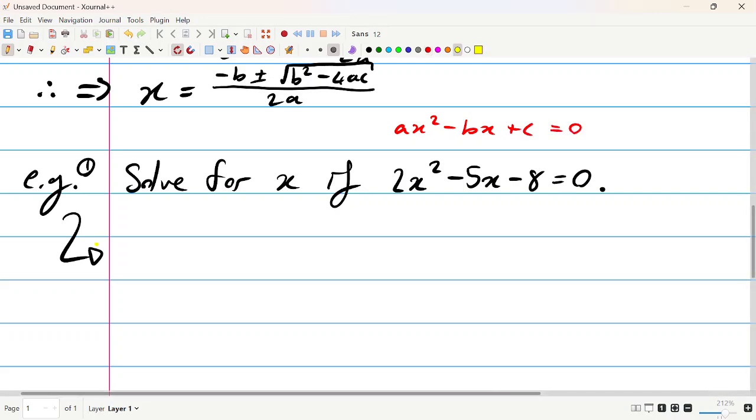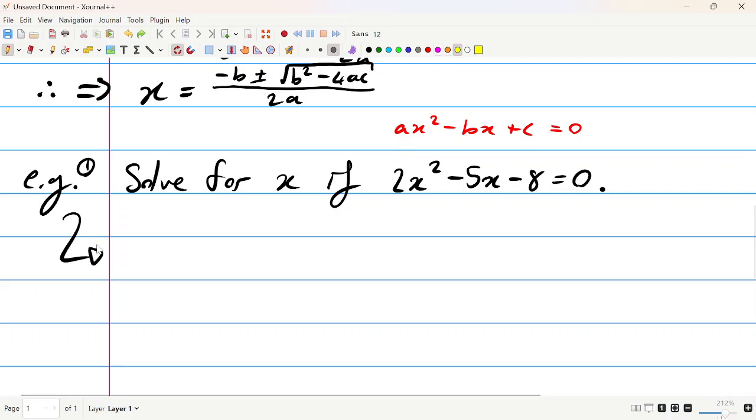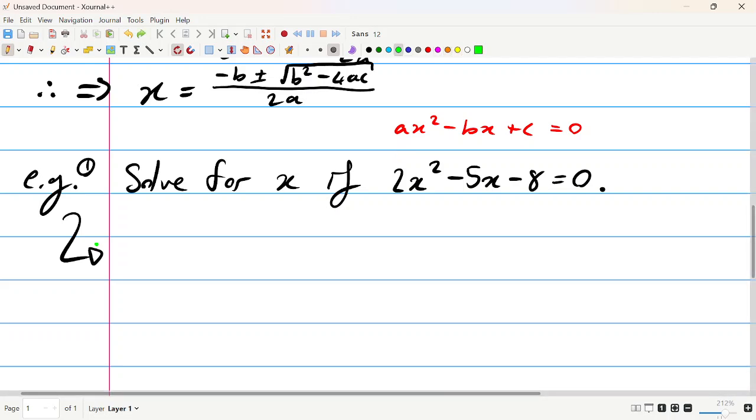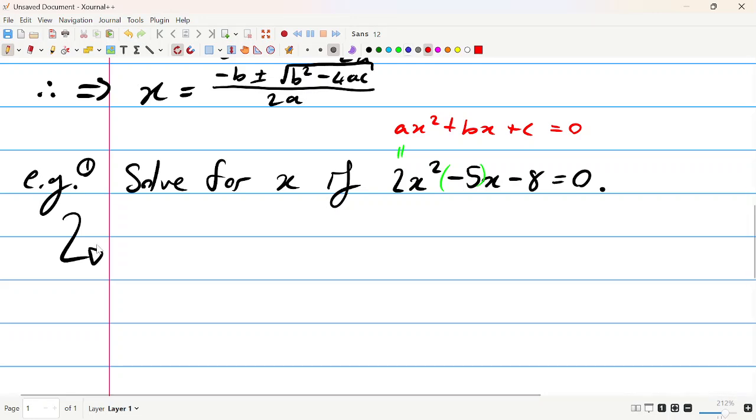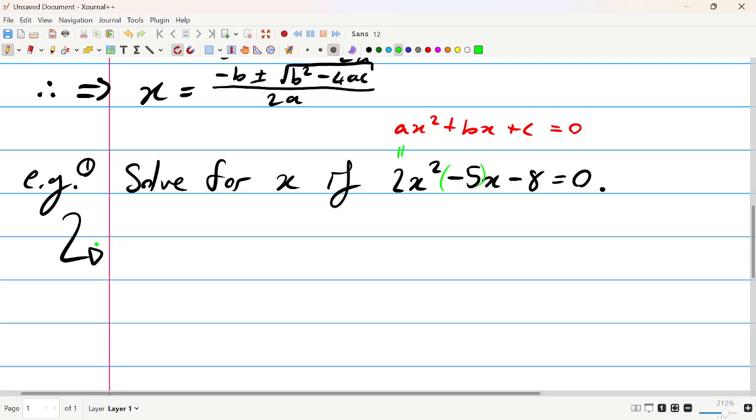And in this case here, 2 is the same as a. Negative 5 is the same as the b value, and negative 8 is the same as the c value.